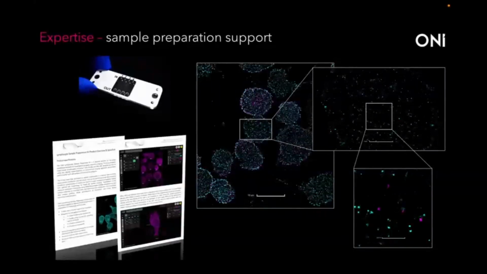But this is essentially a kit that allows the capture, the fixation, and the probing of a range of different lymphocytes in a way that is biologically meaningful, does not interfere with the cells, doesn't activate them, etc., and is optimized to give very, very high quality samples for super resolution imaging. And as I say, we have a number of kits that are out there for different biological questions. And we very much see it as part of our mission to enable the use of our instruments through these kinds of kits and consumables products.